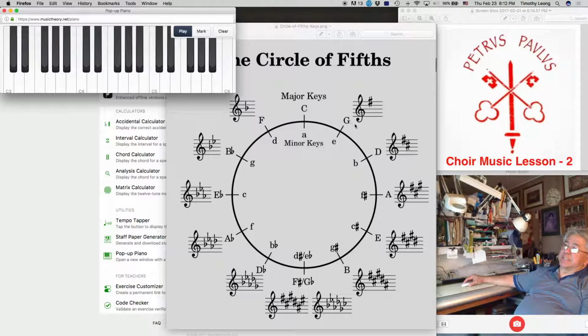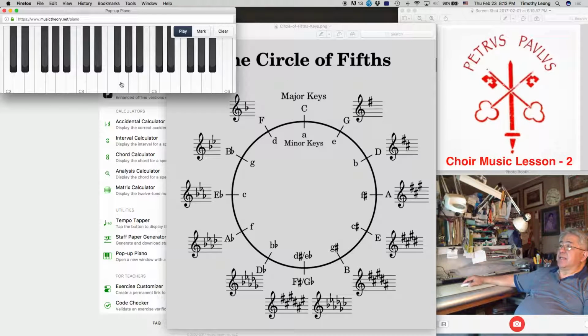Now, what does this bus stop say? One sharp. And why in the world is one sharp the key of G? Why is it? It just is. It's always when you go clockwise till you get to F sharp major, every sharp that you add, 2, 3, 4, 5, 6 sharps, you go 5 notes from the home key of C. So if it's C, 1, 2, 3, 4, 5.